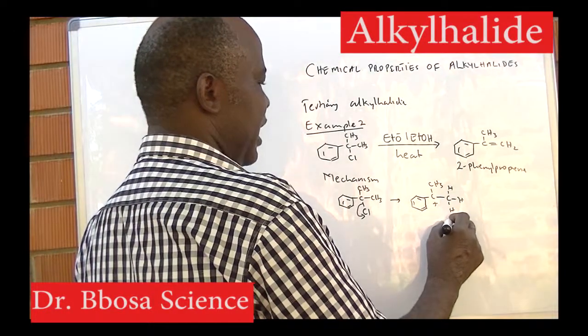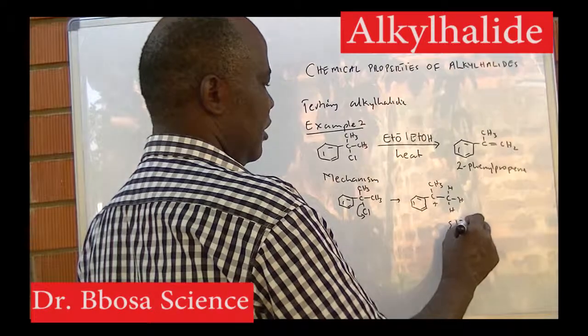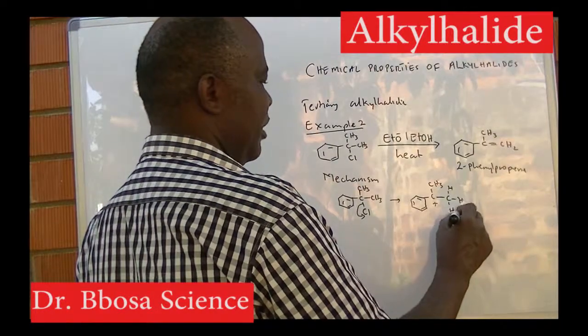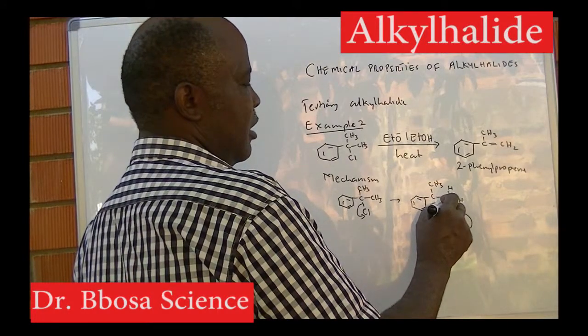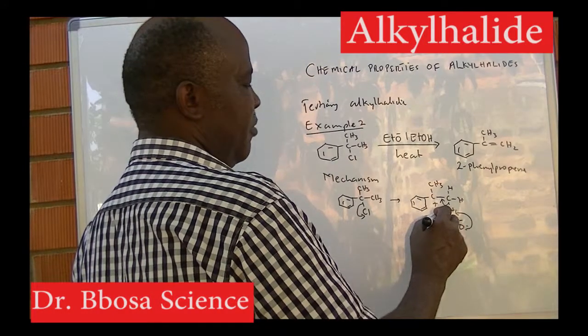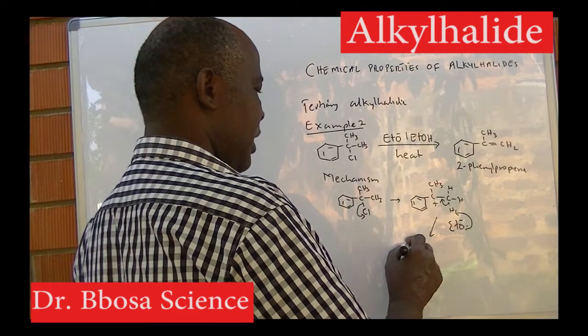Then the ethoxide ion uses a pair of electrons to abstract a proton from the compound. A double bond forms and we get the alkene.